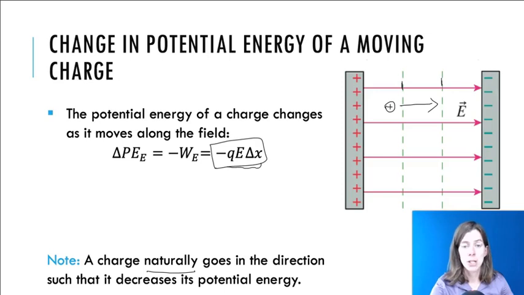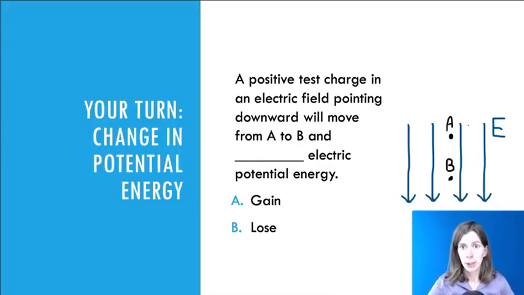But first, I want to ask a question. Let's look at this your turn here. A positive test charge in an electric field pointing downward will move from A to B and blank electric potential energy. This is a quick review question. Pause the video and think about it.